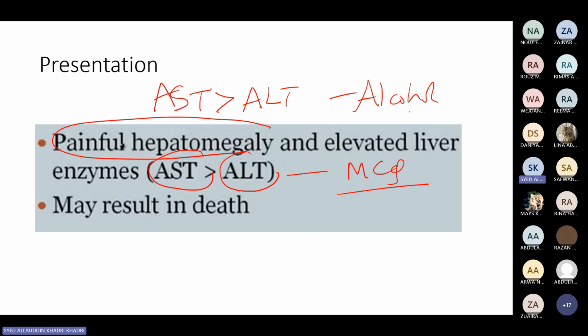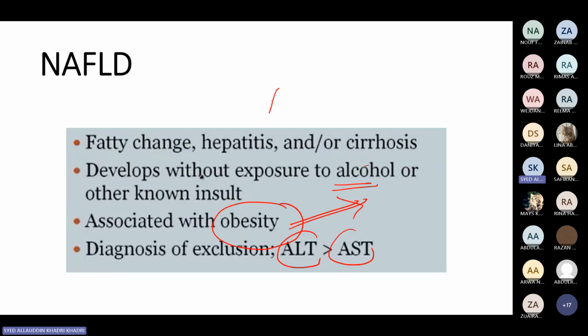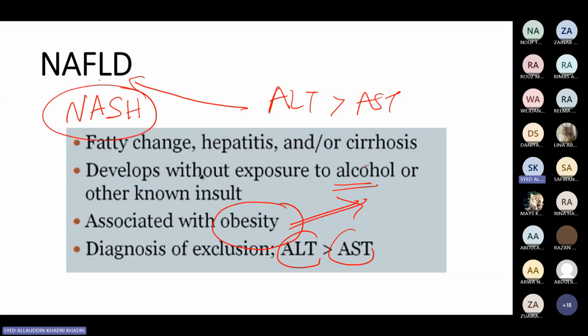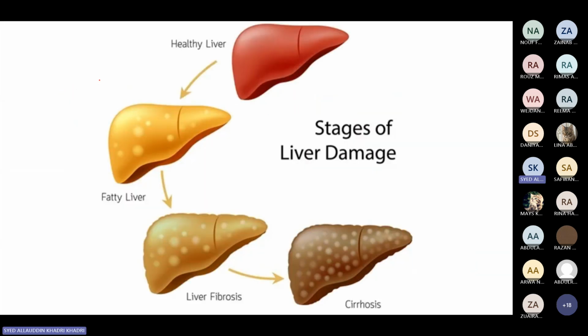Remember. Okay, come here: ALT more than AST is non-alcoholic fatty liver disease or non-alcoholic steatohepatitis, NASH. Now these are basically the different stages from healthy liver to fatty liver, to liver fibrosis, then you have liver cirrhosis.